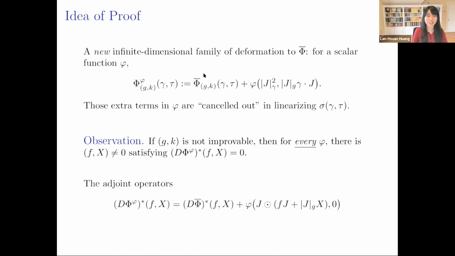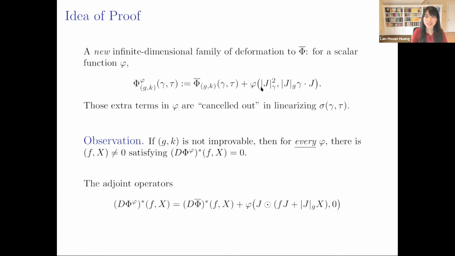So this phi bar is the modifier operator at G and K, right? And if you cover this term, you just take out this one. This is the modifier operator. But then we add an additional term using the scalar function phi. It can be any scalar function. And then we add this term in this kind of weird combination of quantities.